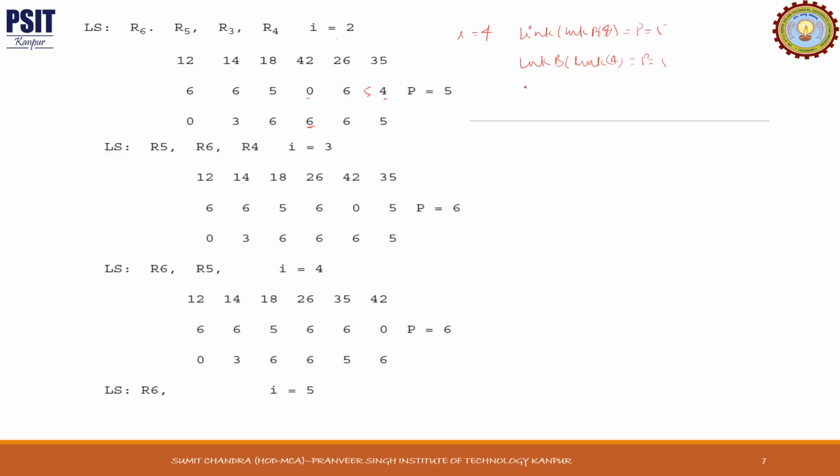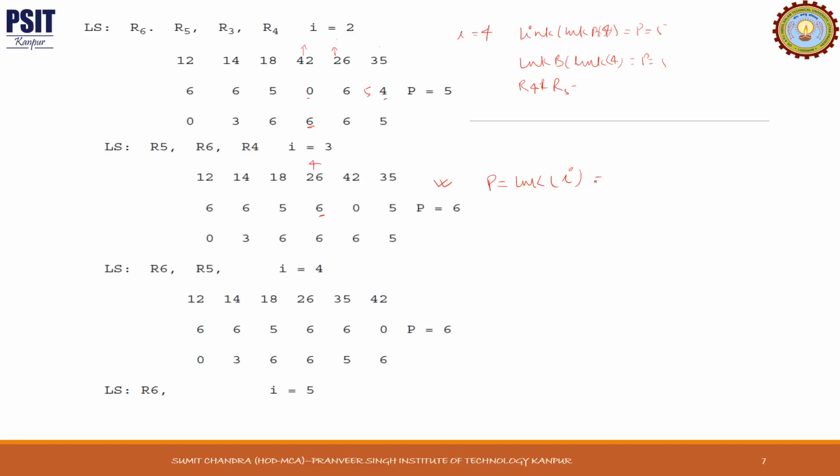And finally we'll exchange R4 and R5. So this will be exchanged with this. So here this is the configuration. Now P is equal to link of new I. So I is 4, this is the 4th element, and link is 6.